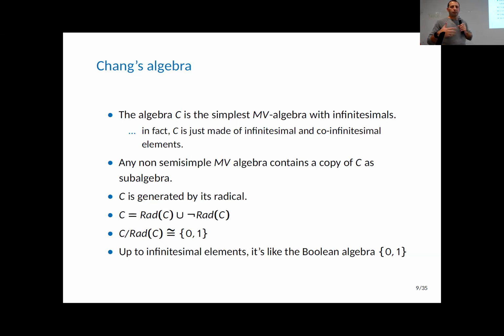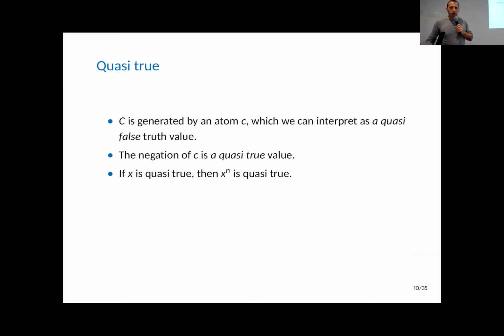1. And besides them, we have the elements that are quasi-0 and quasi-1. And this gives us tools to somehow model this value of quasi-truthness and quasi-falseness. It is generated by an atom, and this atom we interpret as a quasi-false truth value, and its negation will be quasi-true.